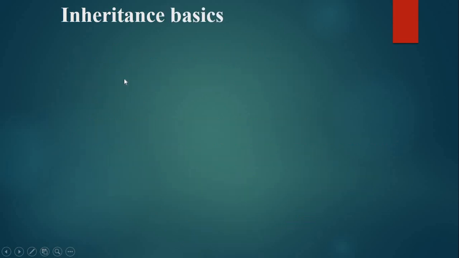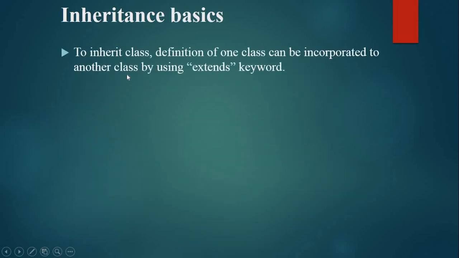Now, inheritance basics. To inherit a class, the definition of the class can be incorporated by another class using the extends keyword. If any subclass wants to access some members of a superclass, then the word extends is used.